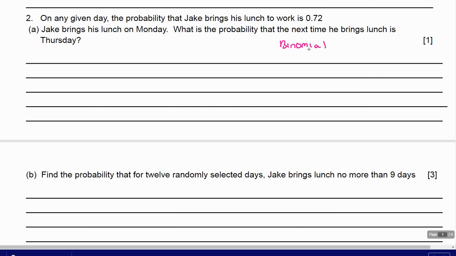Okay, so binomial, again, 2 outcomes. All right, both of them, 2 outcomes, right? And then P is constant, okay? And then independent trials. However, a binomial has a fixed number of trials.